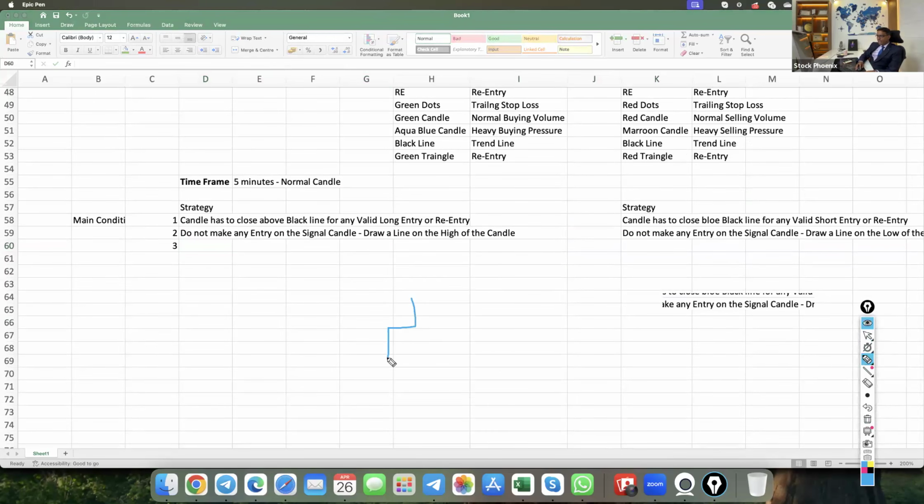When you draw a candle like this, there will be four parameters: open, high, low and close. Now mark the high of the candle. When the high is breaking, this is the entry part. Am I clear to everyone? Am I clear on the entry part?